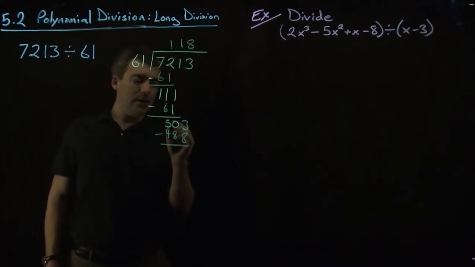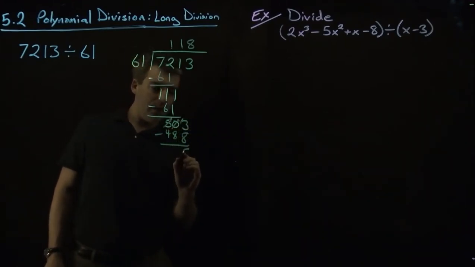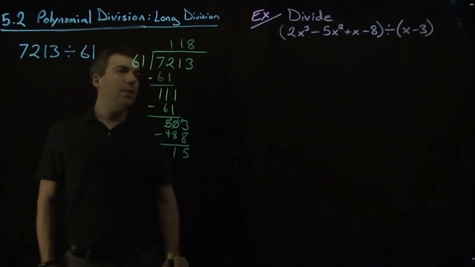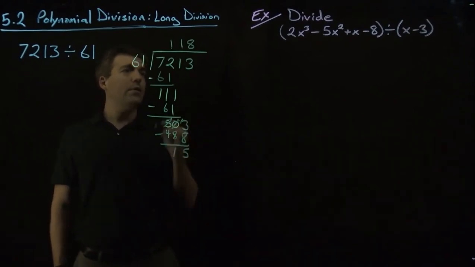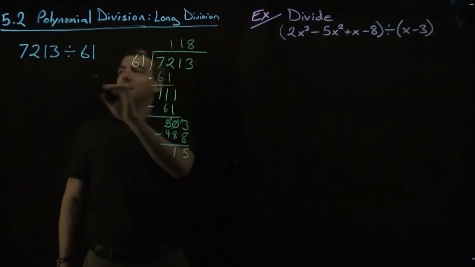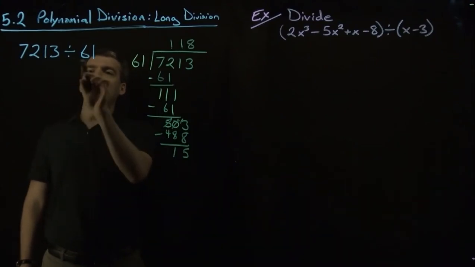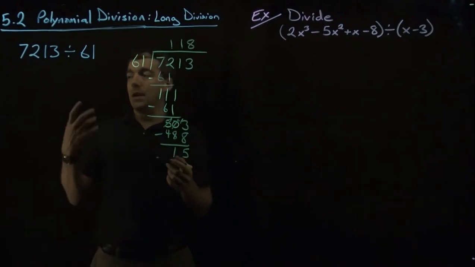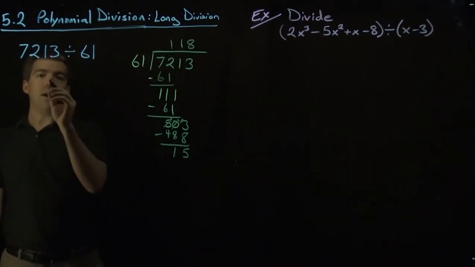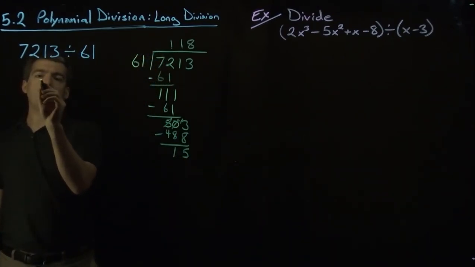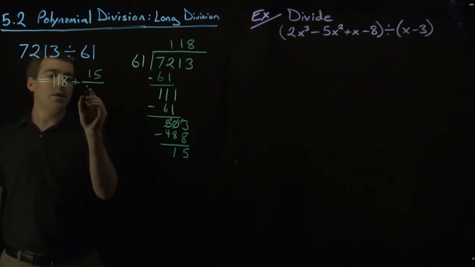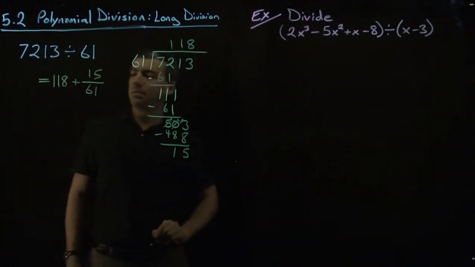Let's see, we've got 15. All right, we're out of decimal places, so if we take 7,213 and divide it by 61, we get 118 with a remainder of 15. So we could write the answer here as 118 plus 15 over the divisor, 61.